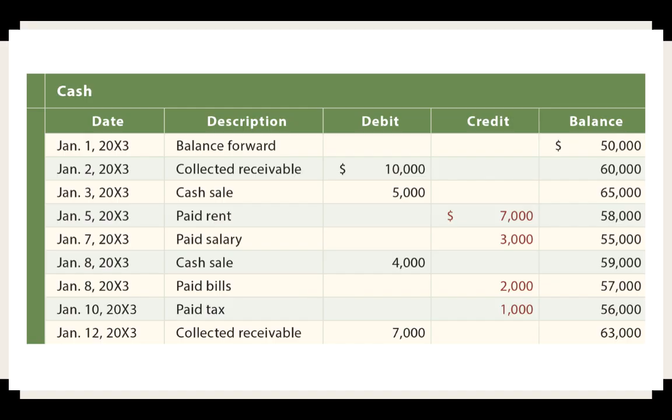If we're in the black, we're gaining money. So we're paying rent, salary, other bills, and taxes. Your credits are your expenses, money going out. Your debits are your revenues, money coming in, and on that far right-hand side, just like your checking account, you can see your current balance, money available to your organization.